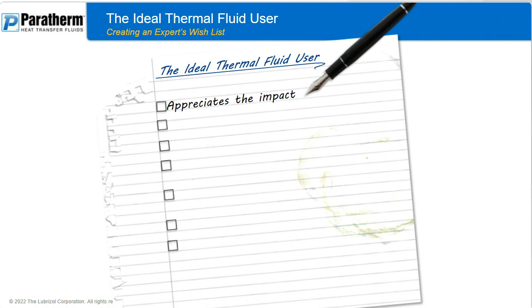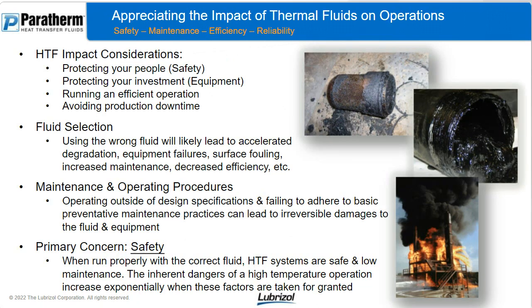That's a really important thing. We're aiming to make sure that you're taking not only an interest but investing in the overall impact that this has. Let's discuss really understanding and appreciating what we mean by the impact. We're going to look at this from a perspective of safety, maintenance, efficiency, and reliability. So those are the impact considerations that we're going to talk about.